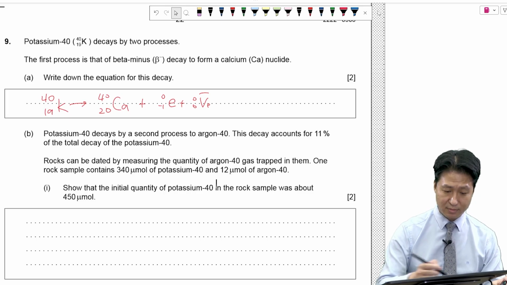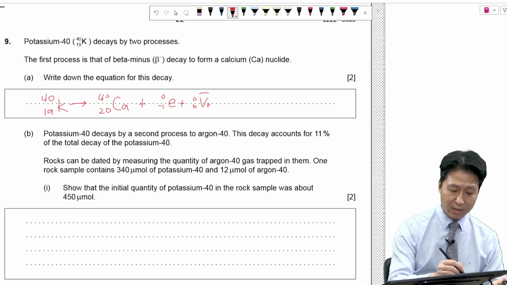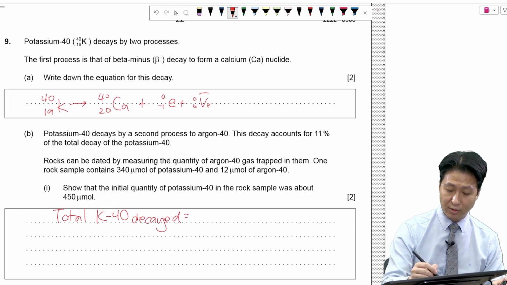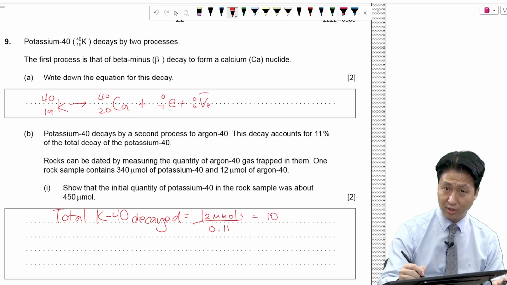So, the total amount of K that's decayed is going to be equal to the 12 micromoles over 0.11, which is 109 micromoles.